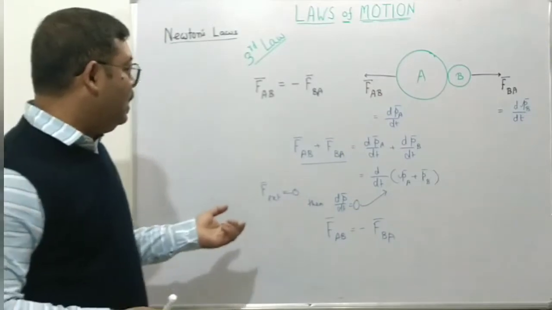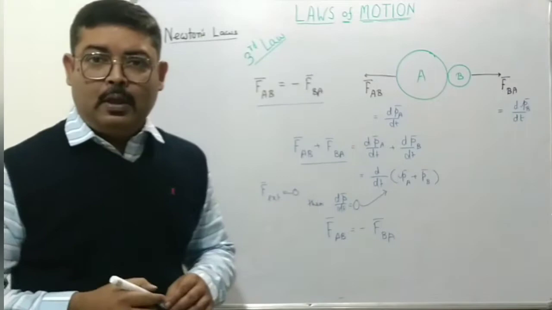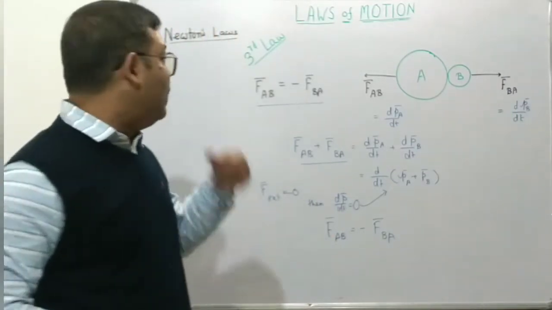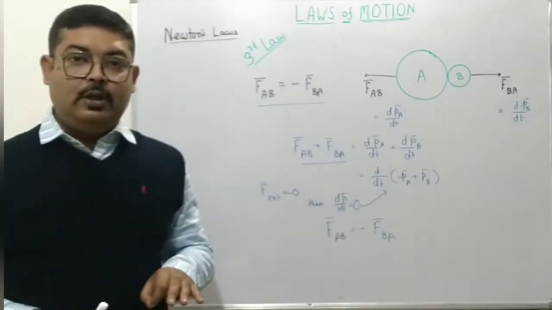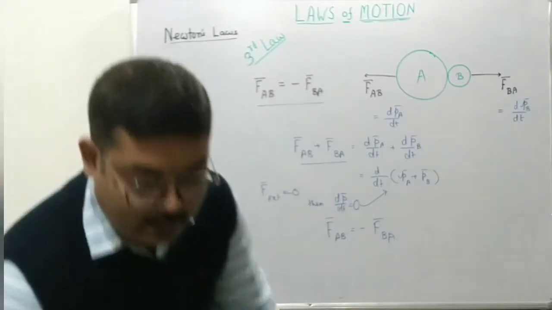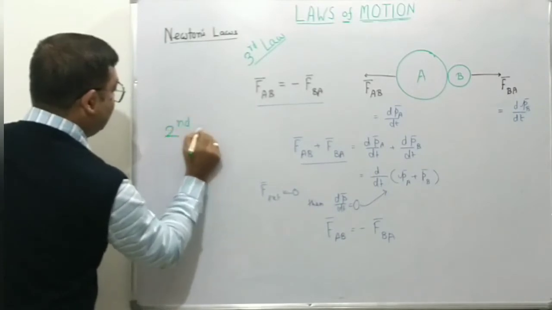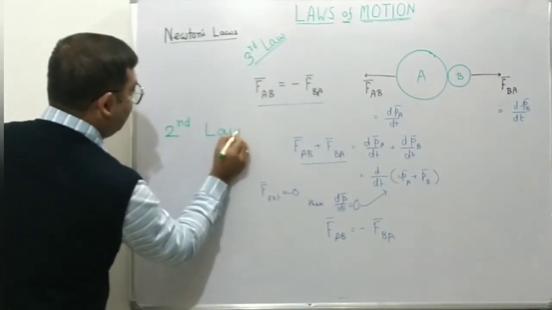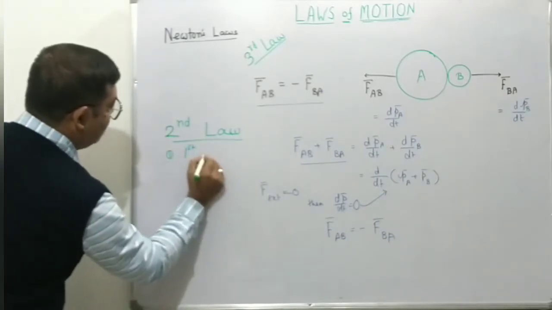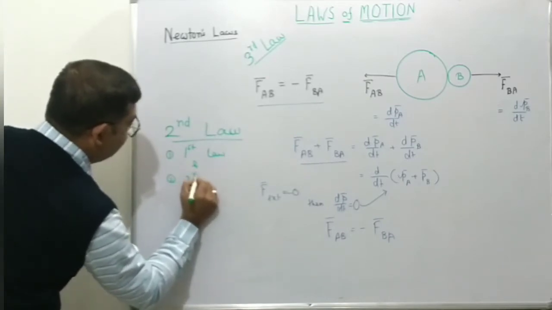You can also see that the third law of motion is not actually a new law. It's just a corollary of the second law of motion. As you have seen in my earlier video, the first law of motion was also a corollary of the second law of motion. That is why Newton's second law of motion contains the first law and the third law also.